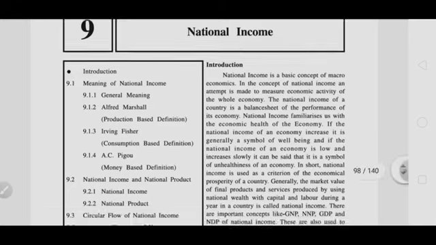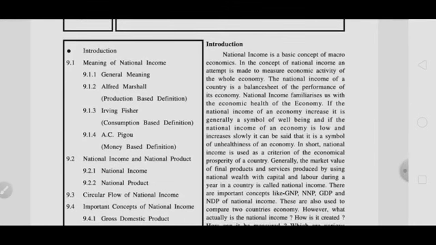Then there are three different authors who have given three different definitions on the basis of three different aspects. That is, the production definition is given by Alfred Marshall, while the consumption definition is given by Irving Fisher, and the money-based definition, that is the income definition, is given by A.C. Pigou.